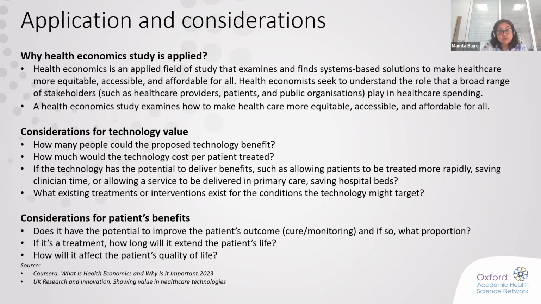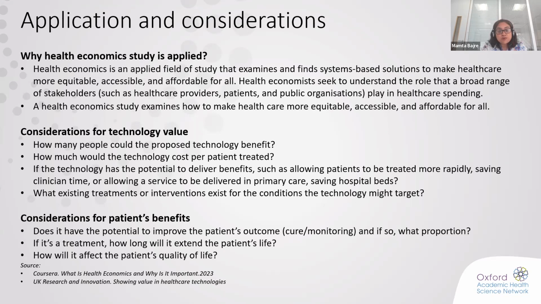And does the technology have the potential to deliver benefit, such as allowing patients to be treated more rapidly, saving the clinician's time or allowing a service to be delivered in primary care instead of secondary care? It saves hospital beds or patient admissions, or maybe helps with early discharge. These things have to be considered.